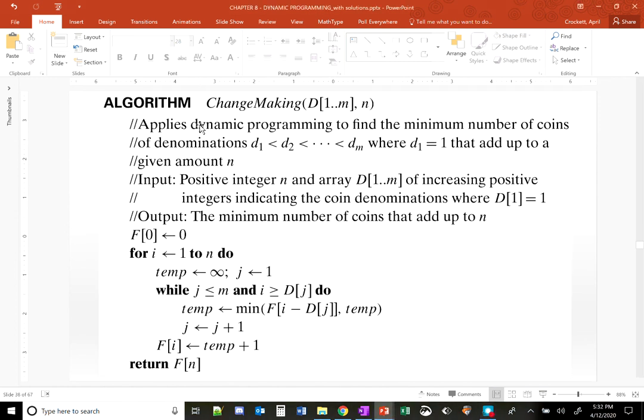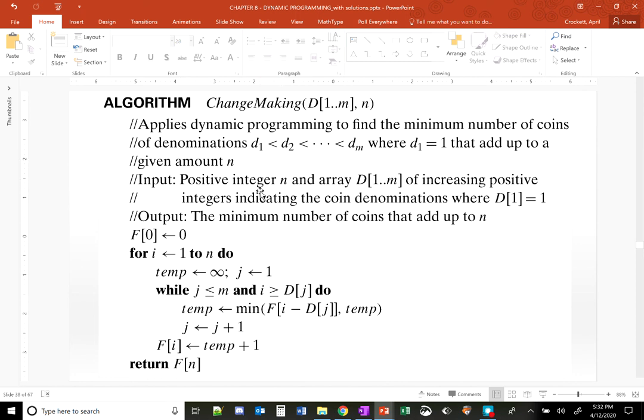Here is the pseudocode for this algorithm, and this comes from your book. So it says applies dynamic programming to find the minimum number of coins of denominations D1 < D2 < ... < DM, where D1 equals 1, that add up to a given amount n.